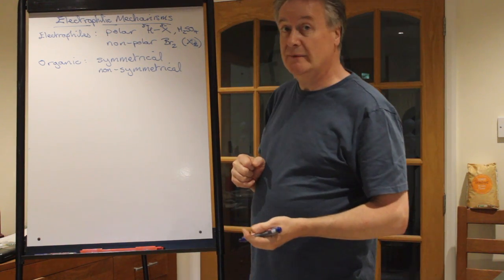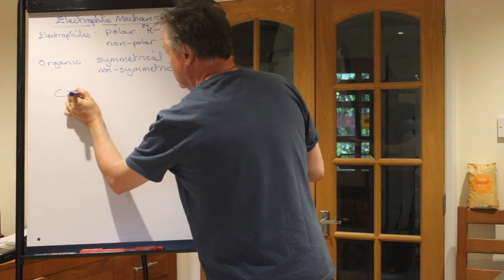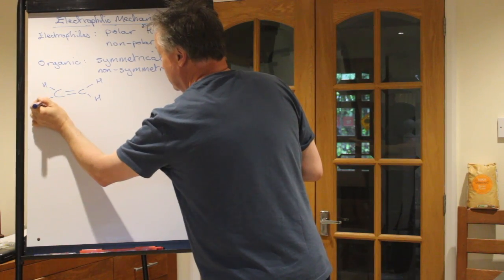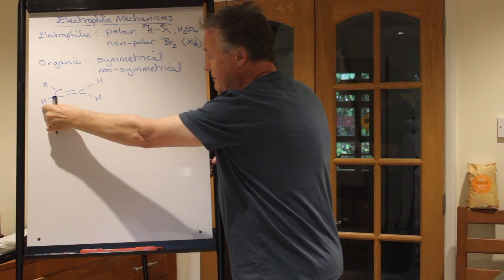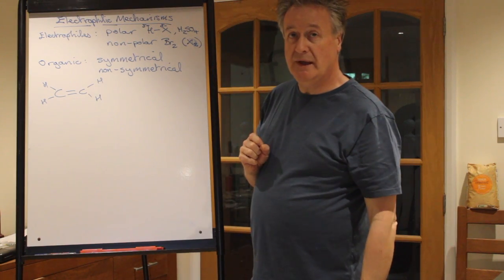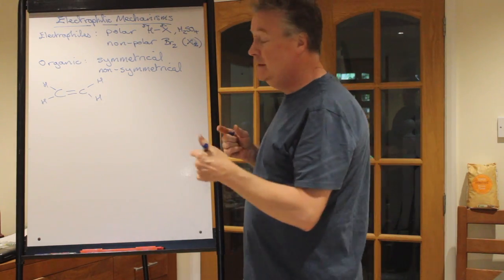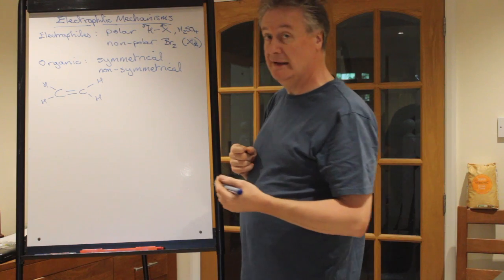So if I pick one double bond, it's symmetrical. If that was a CH3 and that was a CH3, it would be a butene. Of course there are two types of butene, E and Z. In terms of the mechanism, it's the same at A level.